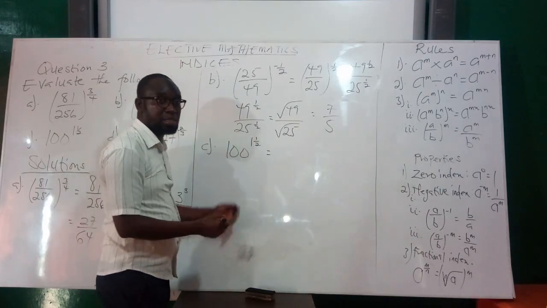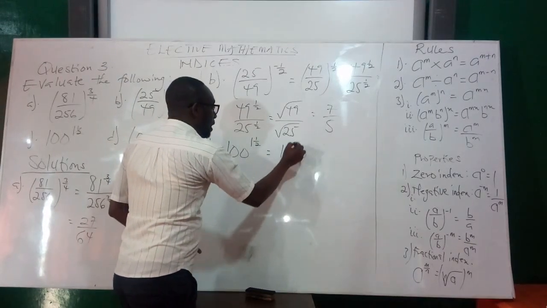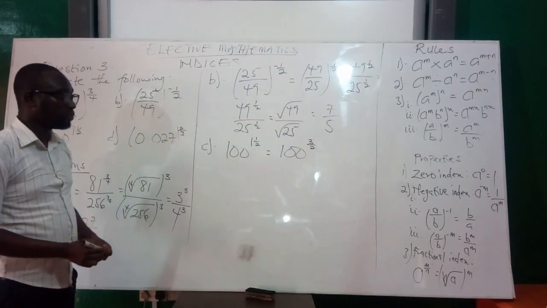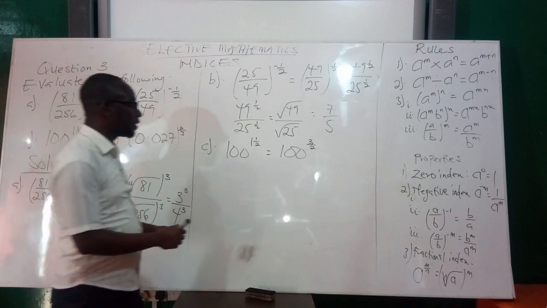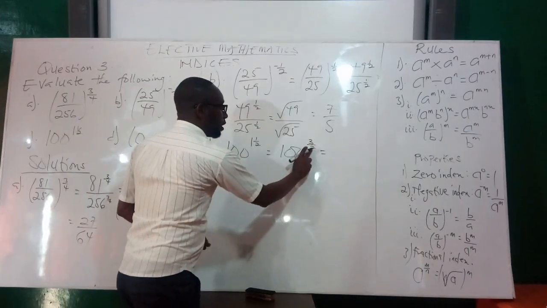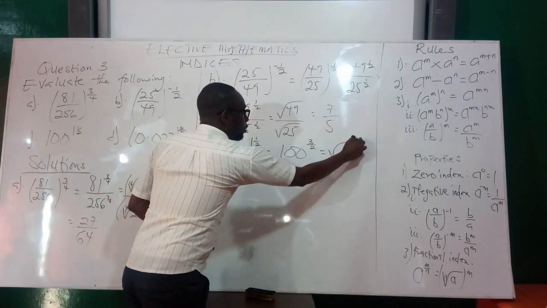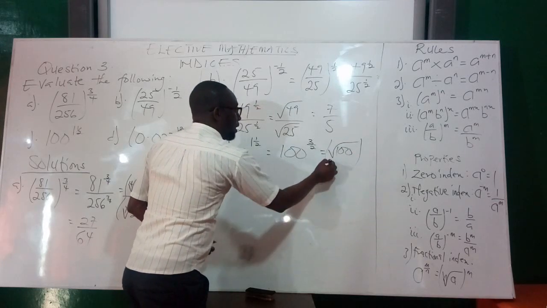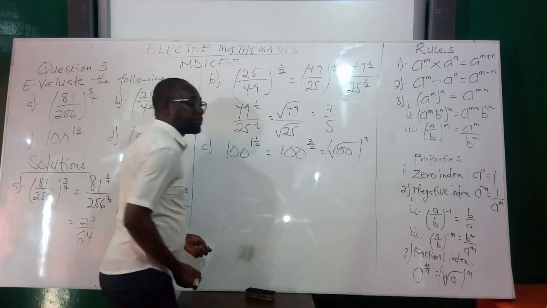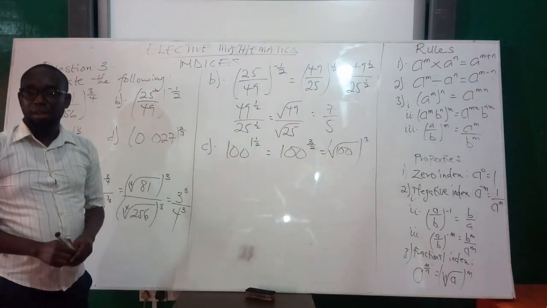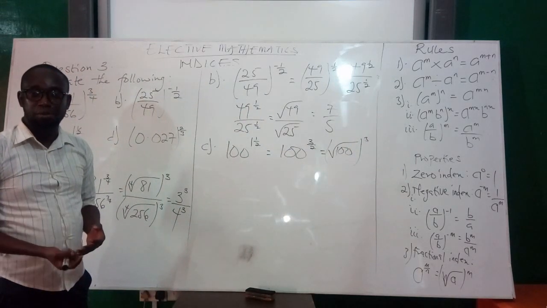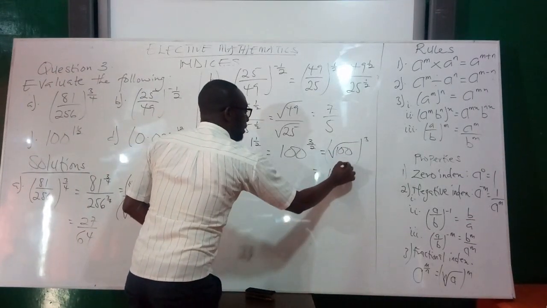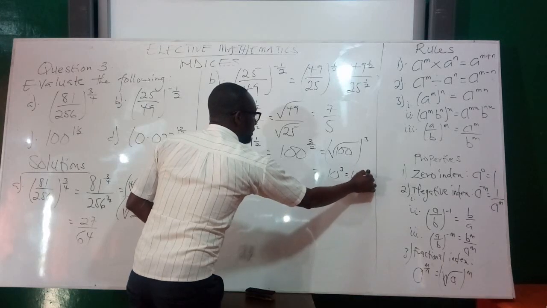So this expression is written as 100 exponent 3 on 2. This is the same as a fractional index, which is a root. Now the denominator is 2, so you write the square root of 100 with the exponent 3. The square root of 100 is a number which multiplies itself 2 times to give us 100. So we have 10, then the exponent 3, we get 1000.